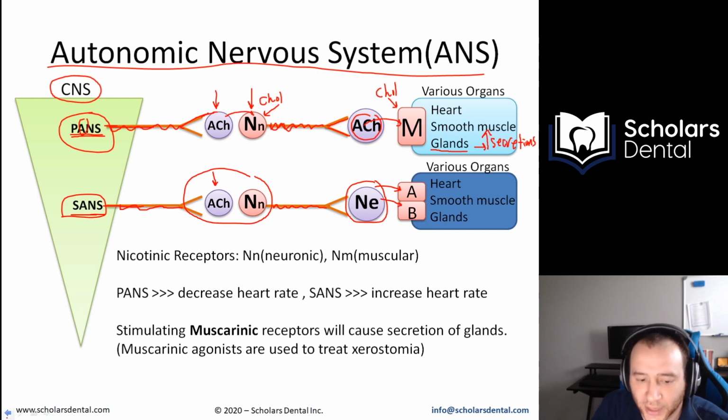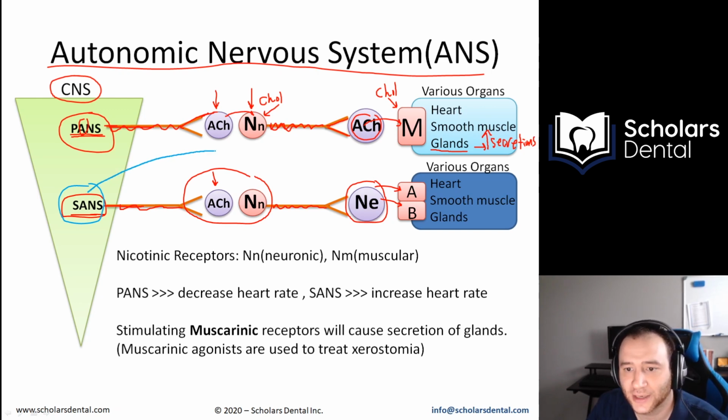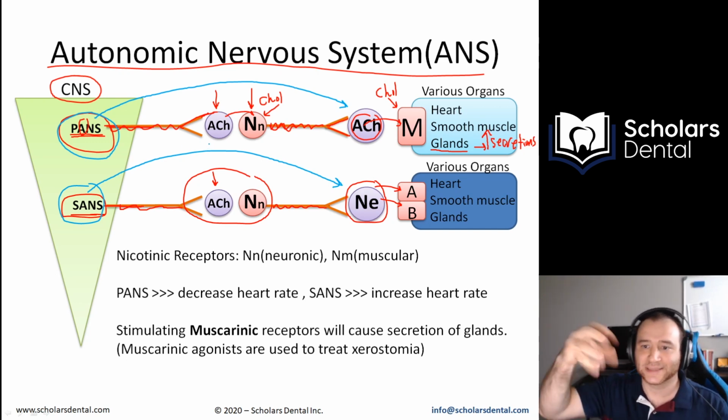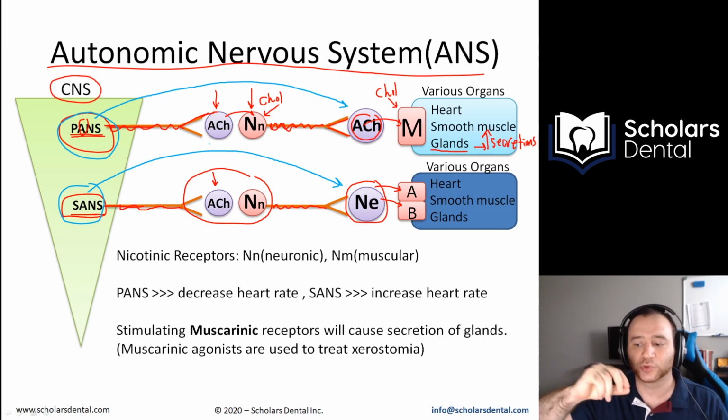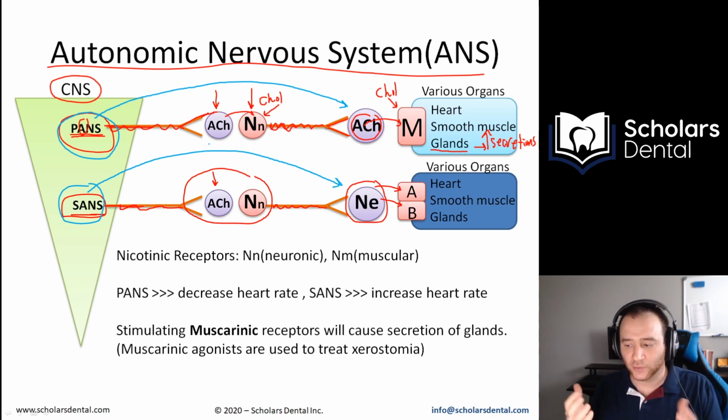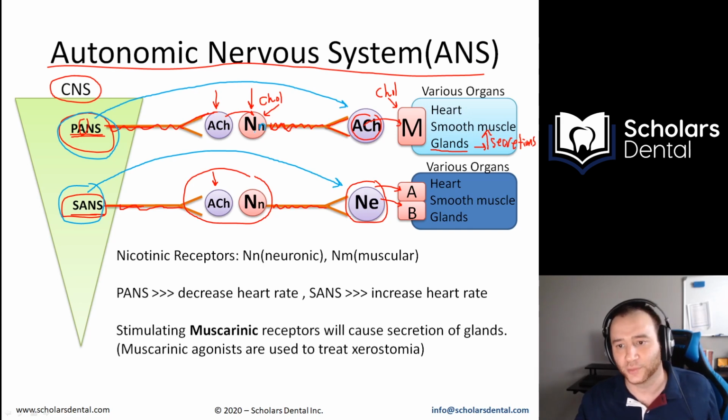Okay, so you can see here the main concept is that the sympathetic nervous system, okay, the neurons that are carrying its signal end with norepinephrine, and the parasympathetic end with acetylcholine. Both of them use acetylcholine as a middle messenger, just to transmit the signal from a neuron to neuron. Okay, so yeah, the way to communicate a neuron to another neuron is always acetylcholine and nicotine. Think of it like that. We just put an N beside it to make sure it's notable that it's nicotinic on a neuron.